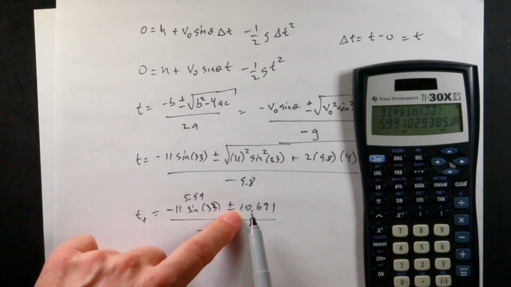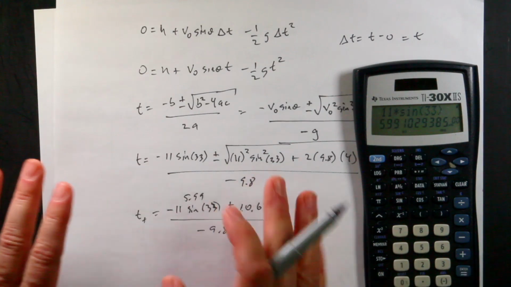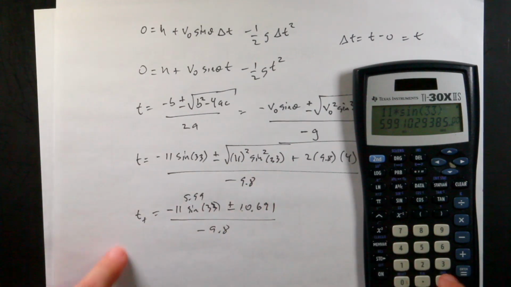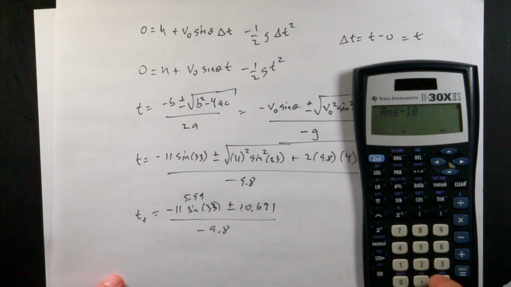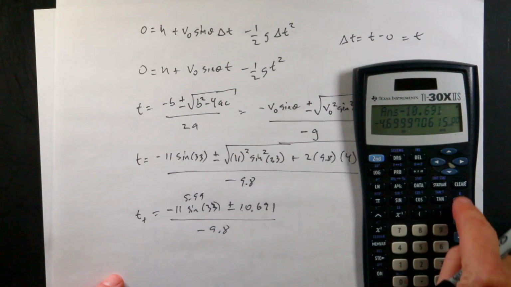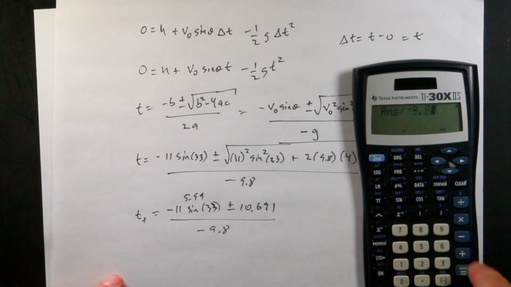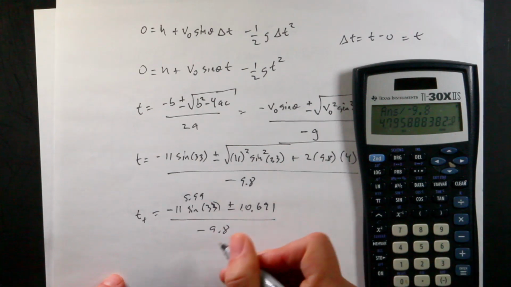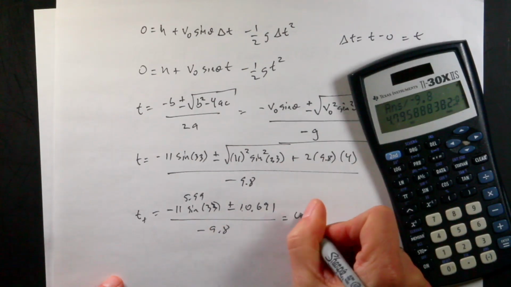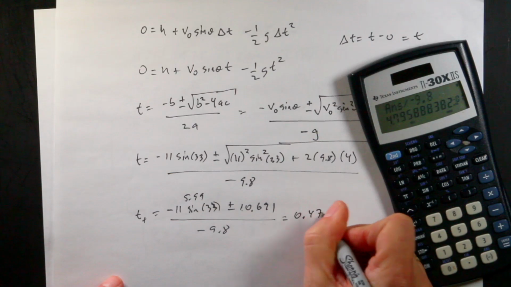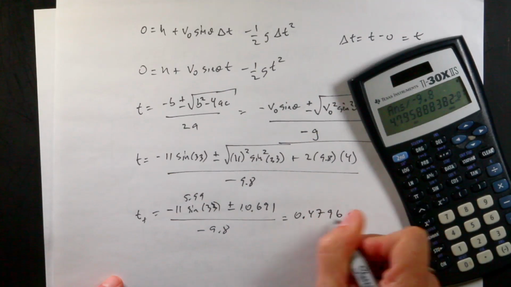So that means I want to use the negative, because I want a positive time. So I'm going to do this minus 10.691 equals, and that divided by negative 9.8, enter. Okay, so I get 0.4796 seconds.